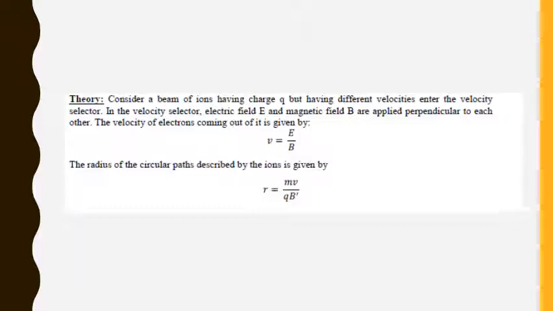The velocity of the particles coming out of it is given by v equal to E by B. The radius of the circular path described by the ions can be calculated. As we know, due to the magnetic field, you can calculate qE equal to qvB. So we have calculated v equal to E by B.